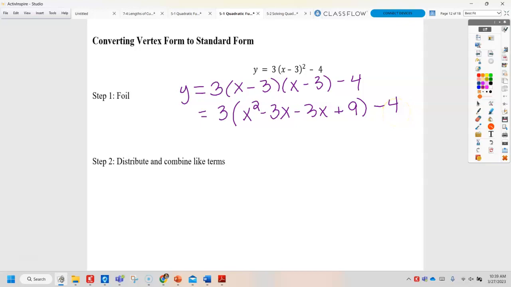So again, first, outer, inner, last. Now distribute your 3 out in front. So once you've distributed, now you can find like terms.